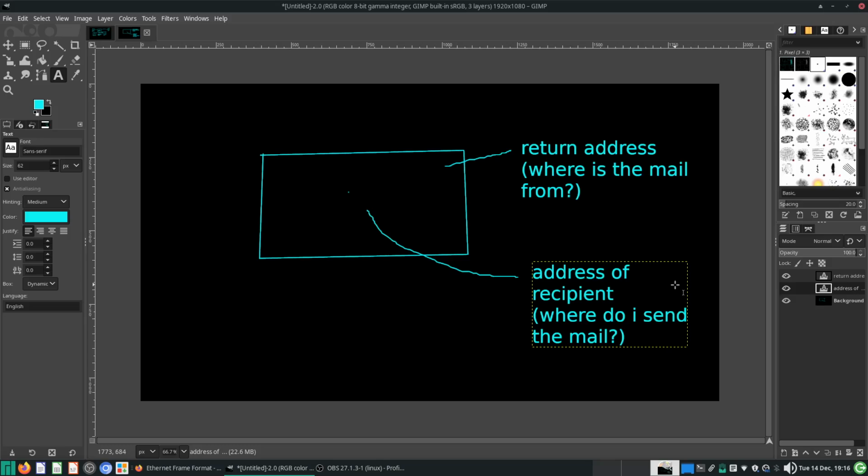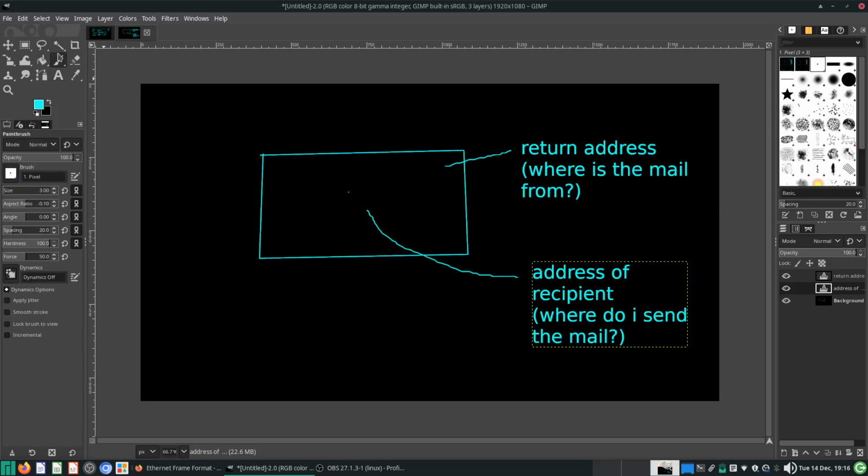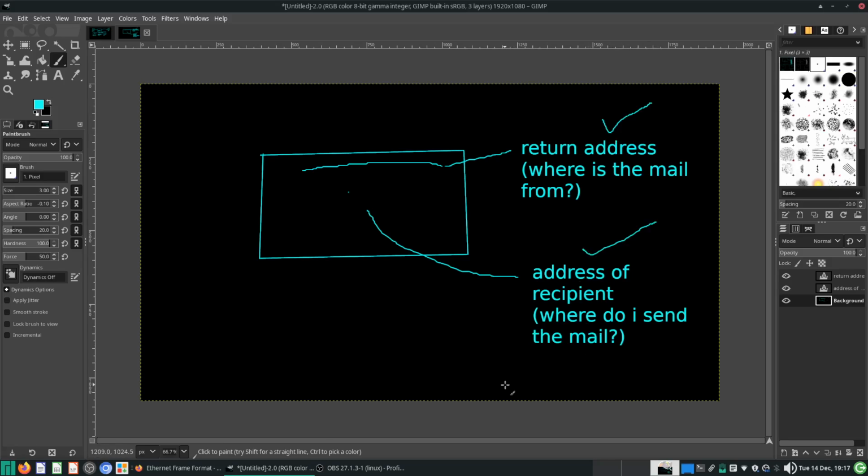So why is this called a return address? In real life, your mail may get lost. If your mail gets lost, then the place it is sent to is back to where the mail originated from. I think this is how you write your mail. I can't remember exactly, but the important thing is that it must have a return address and the address of the recipient.